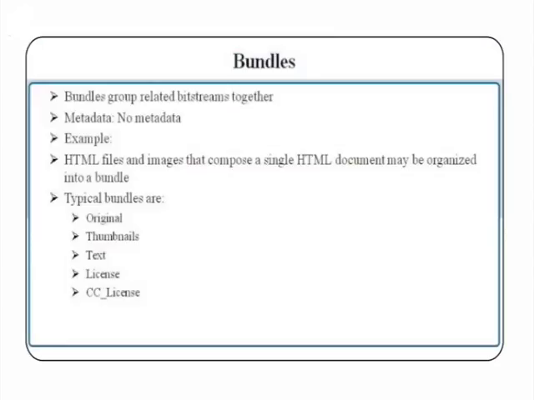For example, when you have an HTML page, it may also contain links to other HTML documents, images, Flash objects, etc. Therefore, to view that HTML page, you also need to have all associated files. Therefore, the HTML file along with other associated files makes a bundle. DSpace doesn't support any metadata for bundles.